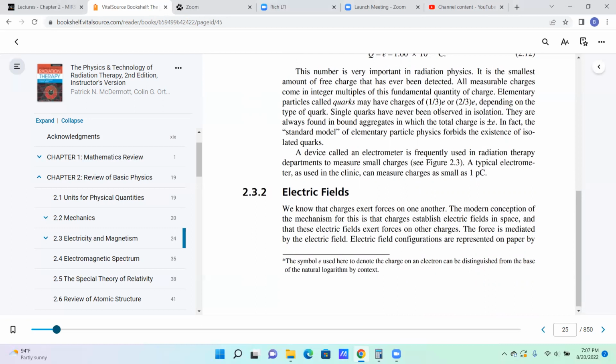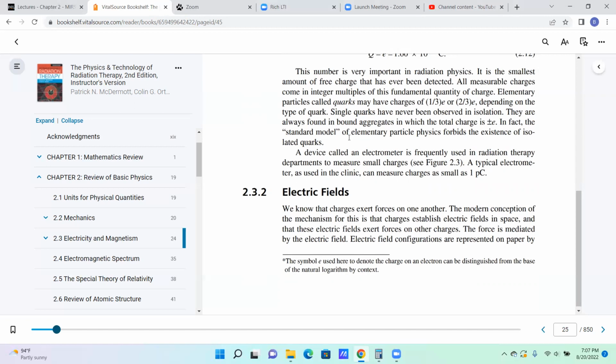Particles called quarks may have charges of a third or two-thirds, depending on the quark. Single quarks have never been observed in isolation. They're always found in bound aggregates in which the total charge is plus or minus e. In fact, the standard model of elementary particle physics forbids the existence of isolated quarks.